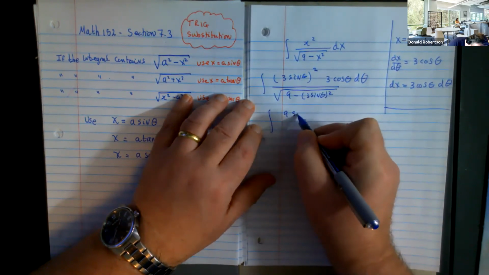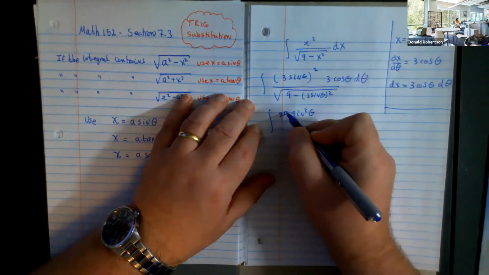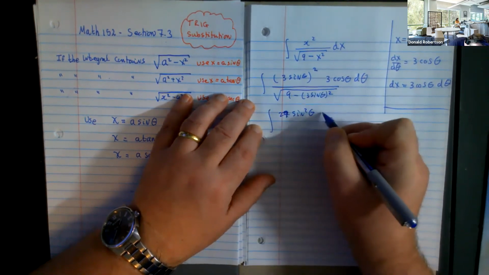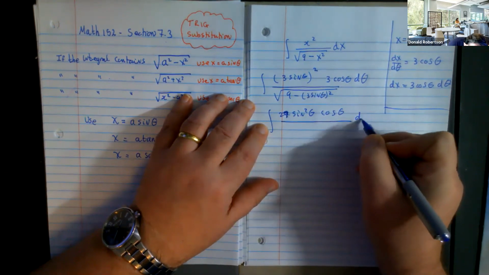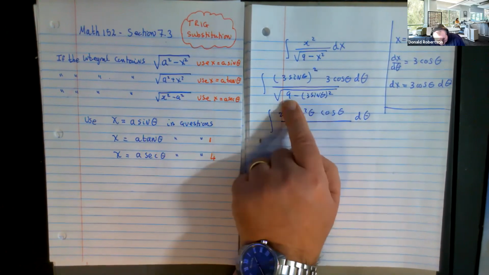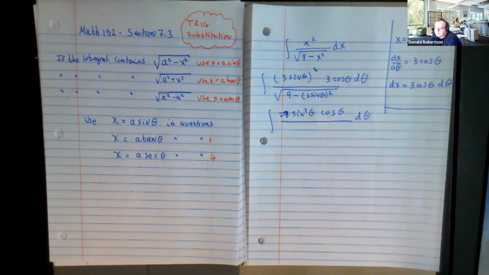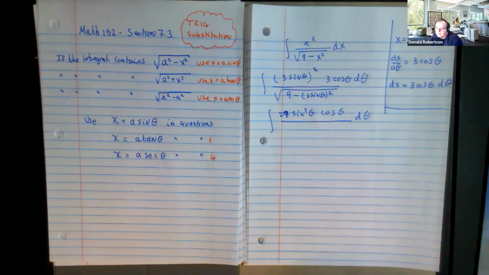I have 9 sine squared theta. Oh, times 3. Okay, so I now have 27 sine squared cosine thetas. Okay, let's try to do this in one go. Won't that be 9 take away 9 sine squareds? Right, 9 take away 9 sine squareds.